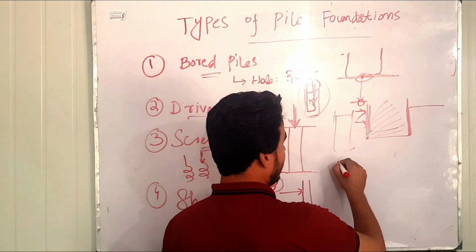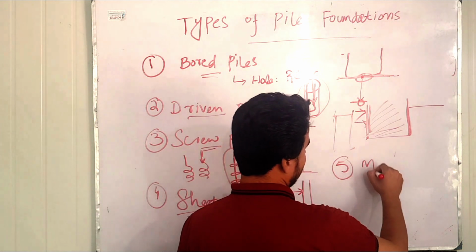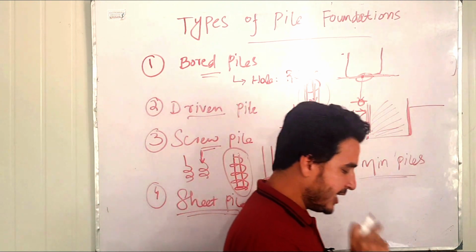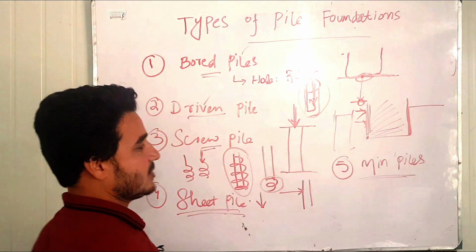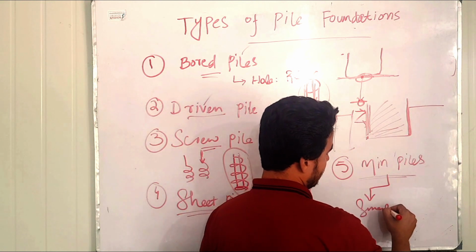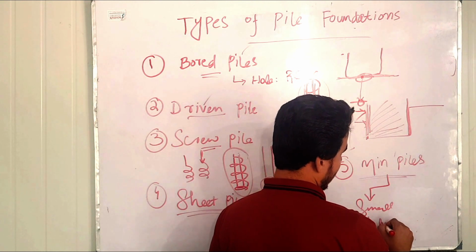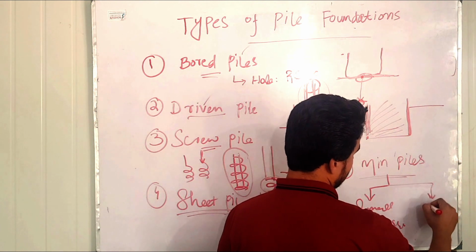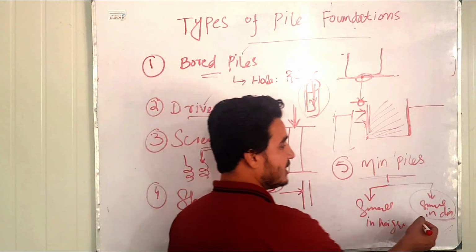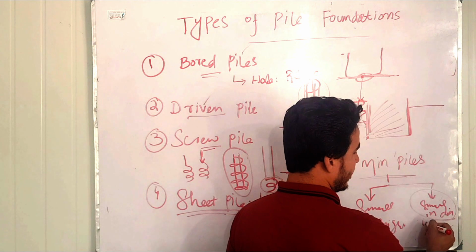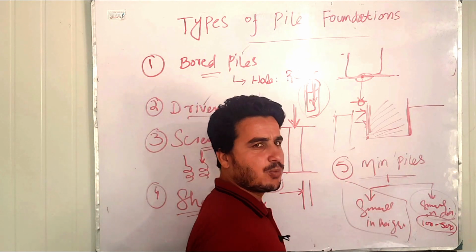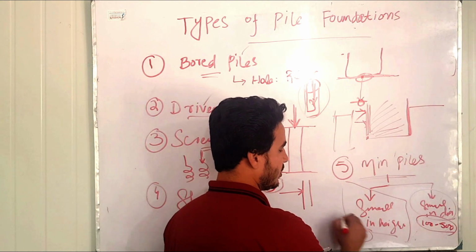The number fifth is the mini piles. Mini piles might be bored piles or driven piles, but the difference is that these are small in size, small in height, and small in diameter. So for mini piles, the diameter might be like 100 to 500 millimeters, and the length will be somewhere from 3 to 5 meters, or less than that.